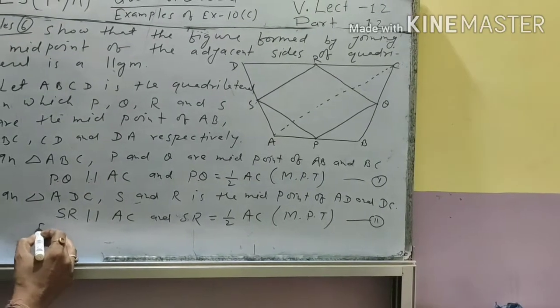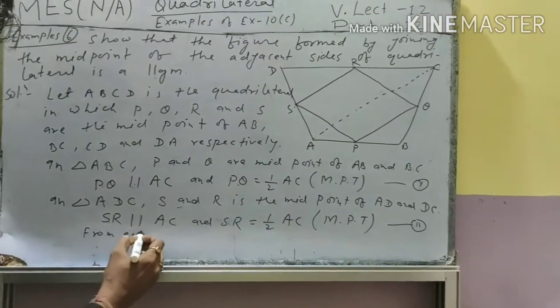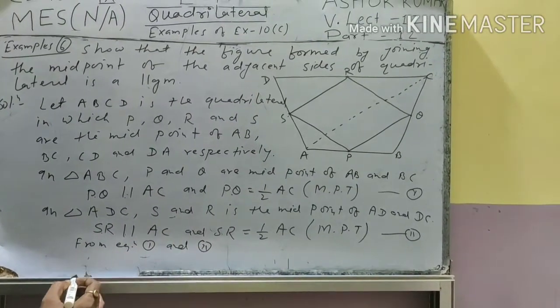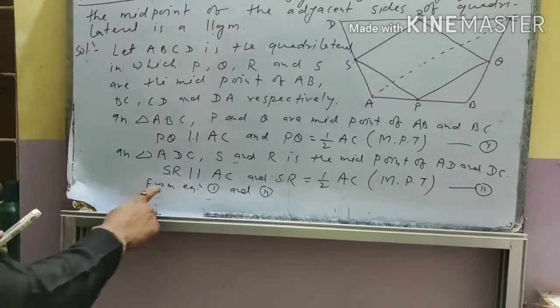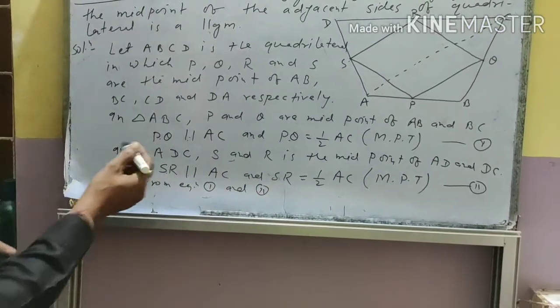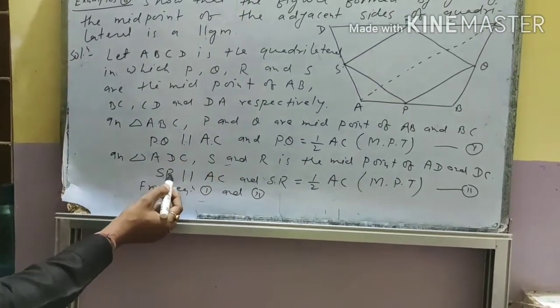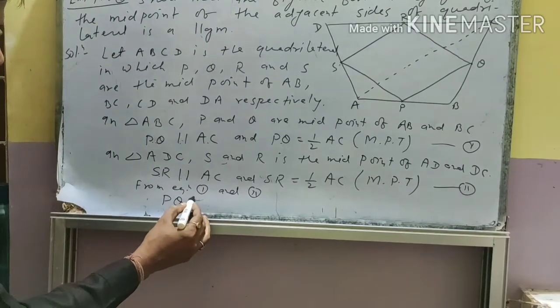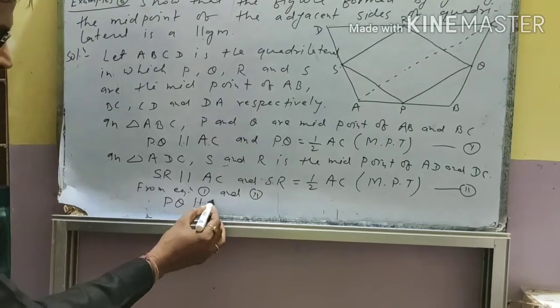So, from equations 1 and 2, that means PQ is parallel to SR.